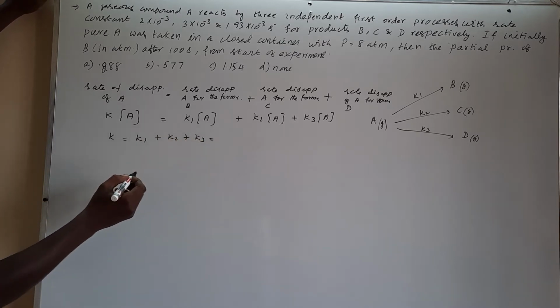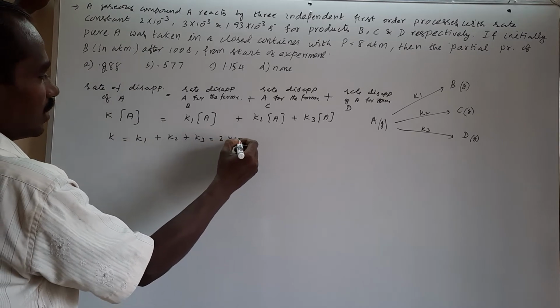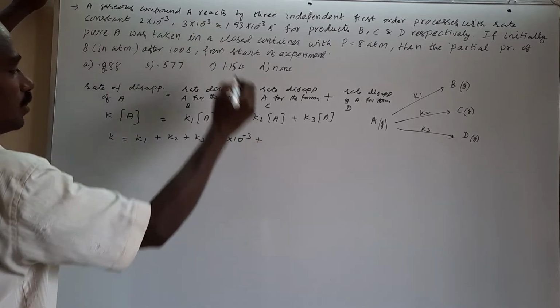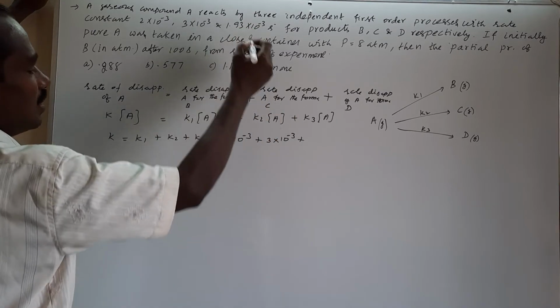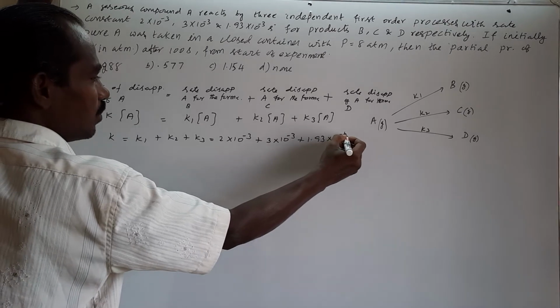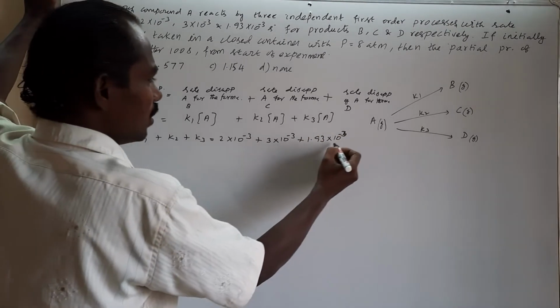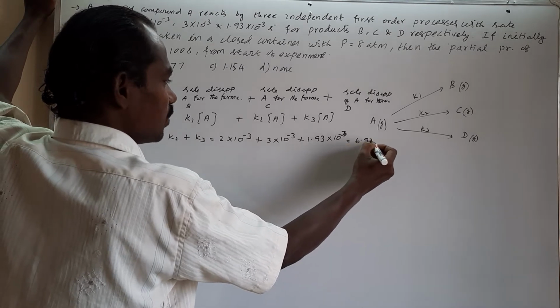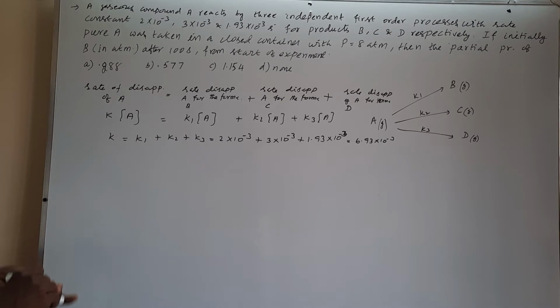So we substitute the values: K1 is 2 into 10 power minus 3, K2 is 3 into 10 power minus 3, plus K3 is 1.93 into 10 power minus 3. So overall we get 6.93 into 10 power minus 3. This is the overall rate constant.